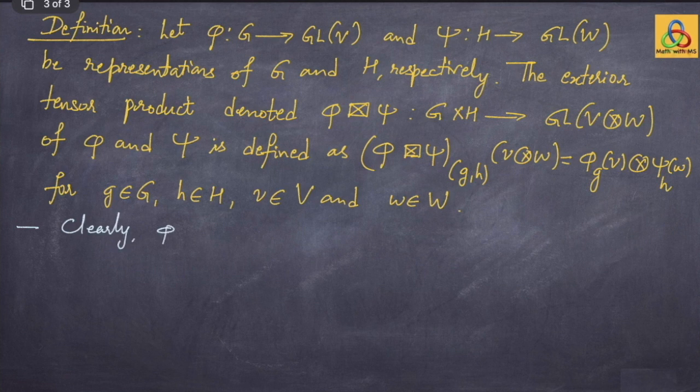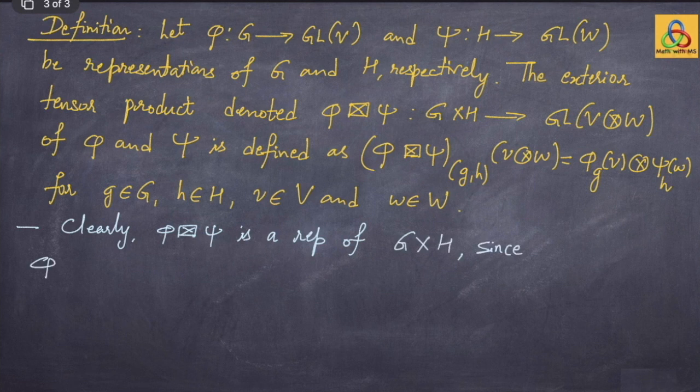One can easily check that this exterior tensor product is indeed a representation of G cross H. We need to show it's a group homomorphism, so maybe we can check it. Consider phi exterior tensor psi acting on the product of two elements in G times H, which is little g h into little g prime h prime.